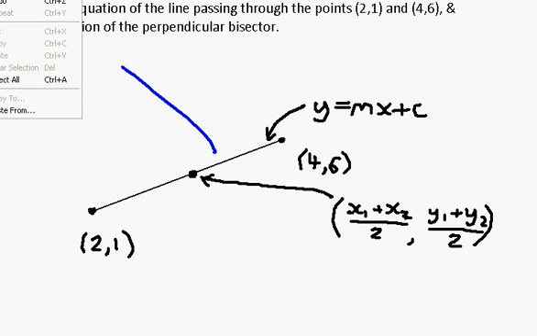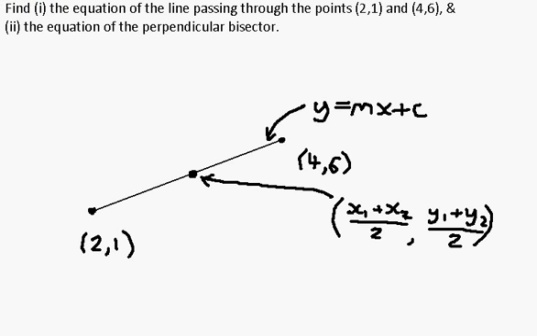Oh, undo that. That needed to be a straight line. We need to work out the perpendicular bisector, and to do that we need to work out the negative reciprocal to determine the gradient of this new line that will meet our original line at right angles.